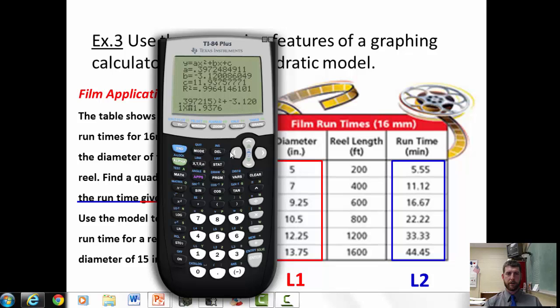I left a plus sign off here. That would have made a big difference. And it's both x's, because x is x. It's the same value at the same point.